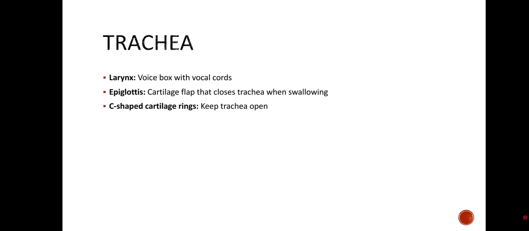The mucus moistens the incoming air and traps dust particles. Mucus with trapped foreign particles is moved through the pharynx by the sweeping action of the cilia, and we talked about this. Either you swallow it or you spit it out. I mean, it depends. Now we're going to the bronchi, bronchioles, and alveoli.